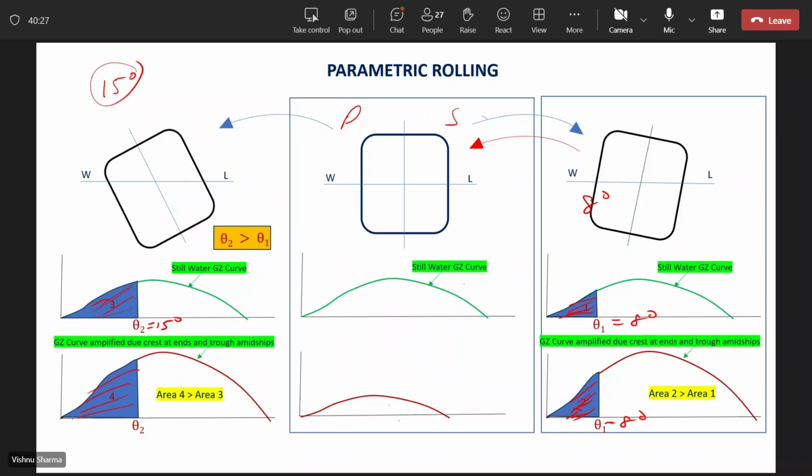So she comes back more rapidly than what it should have. Now she comes with greater momentum, and as she comes to upright, GM is again reduced, or the stability is reduced. That means her ability to check the swing from 15 degrees with this enhanced momentum is again reduced. And what will happen now?